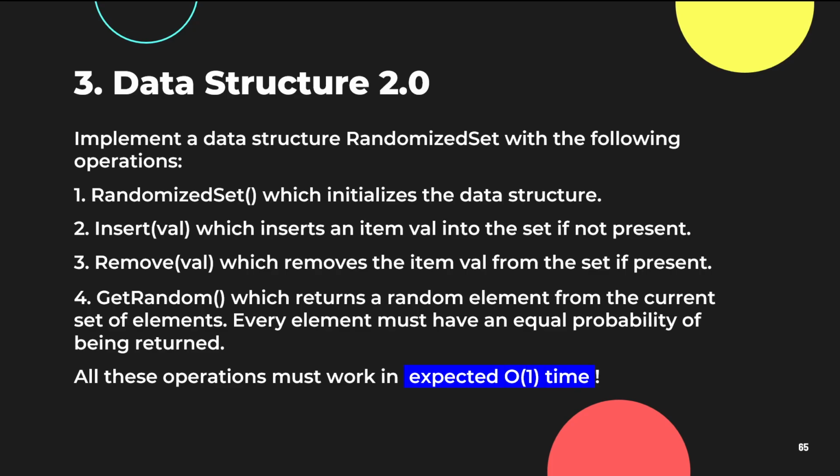For get random, you just randomize a number between 1 and the count, and return the value at that index. Yes, this will work.